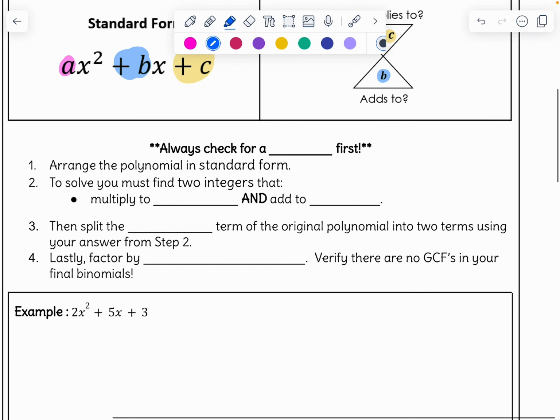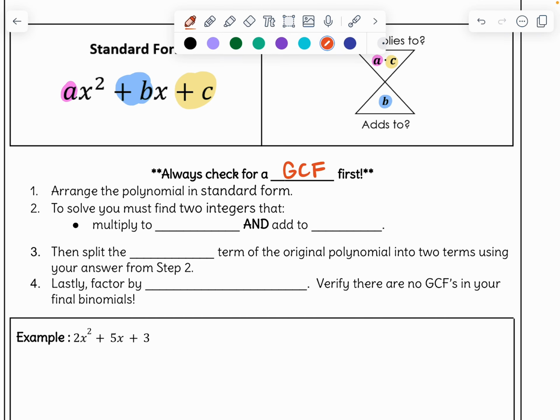So here are the steps for factoring. Remember to always check for a greatest common factor first. You're going to arrange the polynomial in standard form. So if they're not in the correct order, you're going to move it to the correct order.